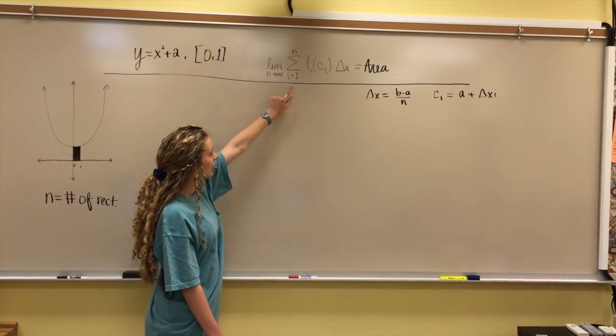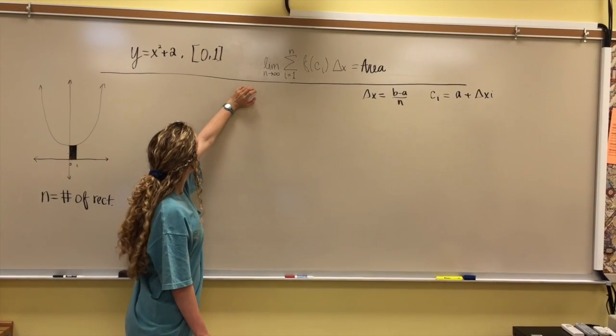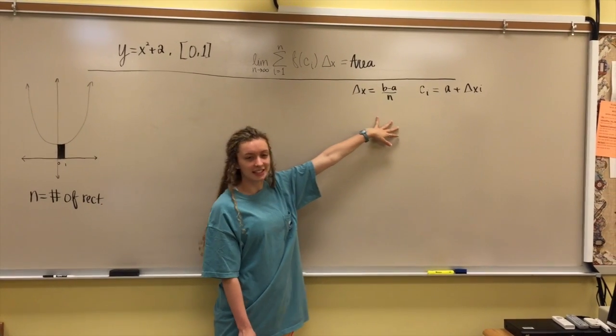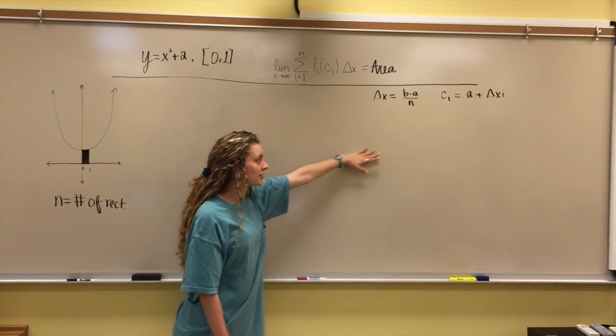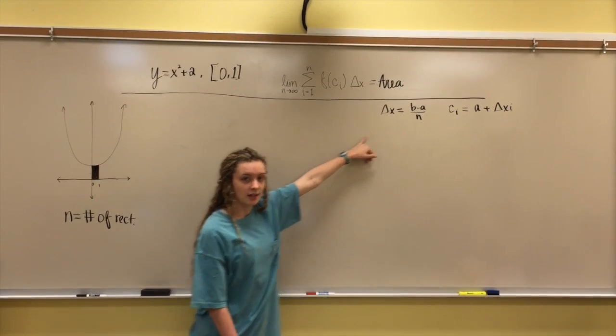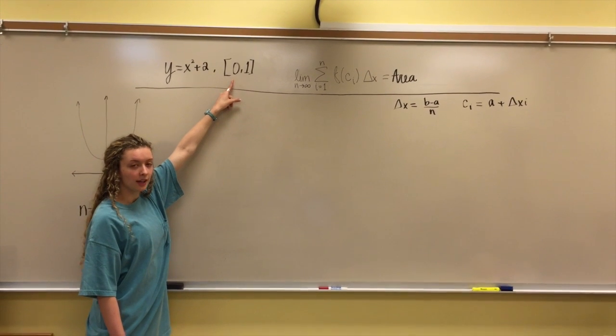This is the limit process, and this is the equation we're going to be using to substitute our delta x and our c sub i into to give us our area. So our first step is to find delta x, and we're going to do that by using the interval they gave us.